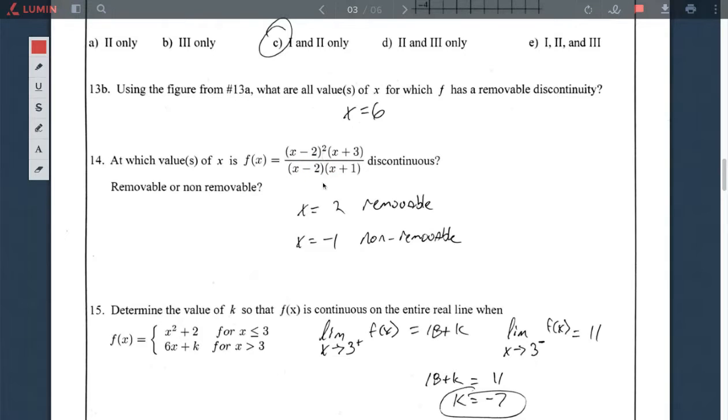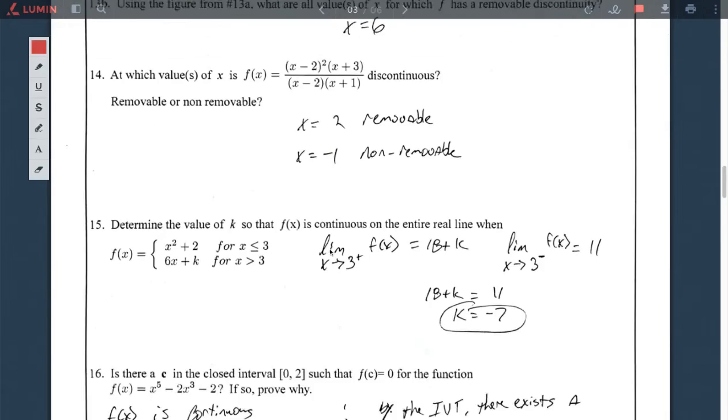So since both the top and the bottom are 0, that means it's removable. Plug in -1. -1 makes my bottom 0 here. -1 does not make it 0 here. It does not make it 0 here, which means I have a number in the numerator. Therefore, I am non-removable. So that means there's going to be an asymptote at -1.